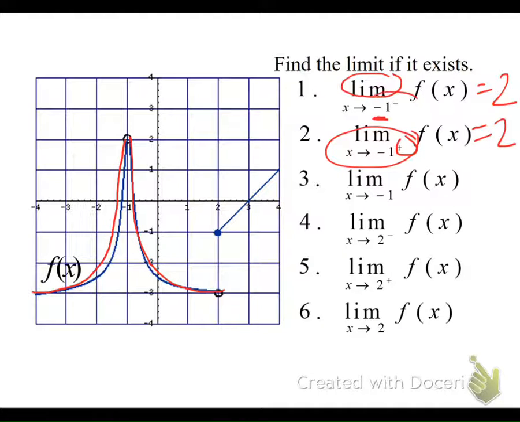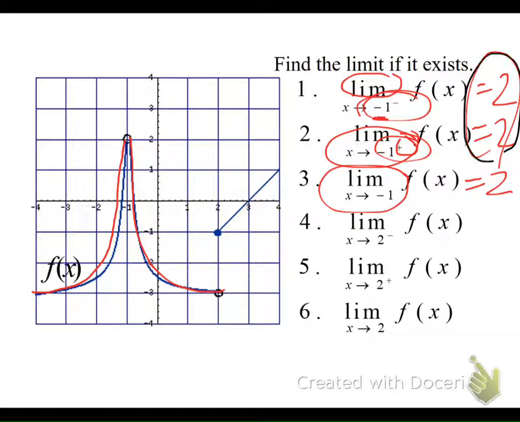Now, if your left-hand limit and your right-hand limit are the same, then the overall limit exists. So the limit as x approaches -1 is also 2, because the left-hand limit and the right-hand limit are both 2. So if from the left and from the right you approach the same height, then the limit exists, and this limit was 2.